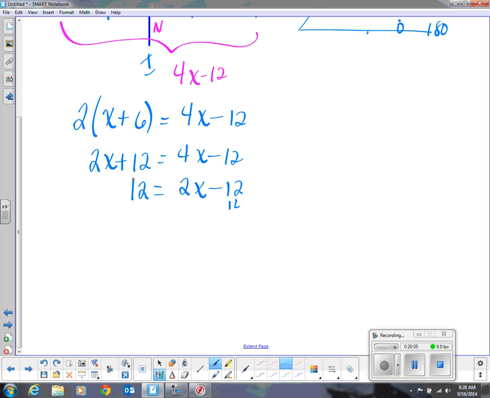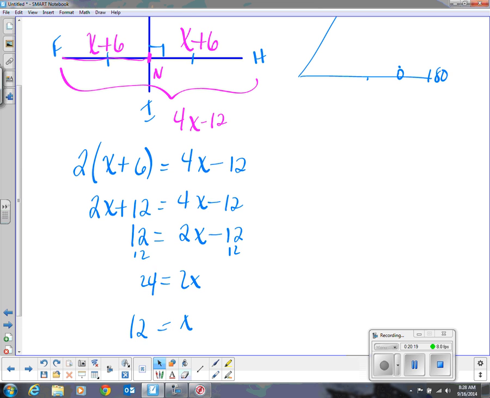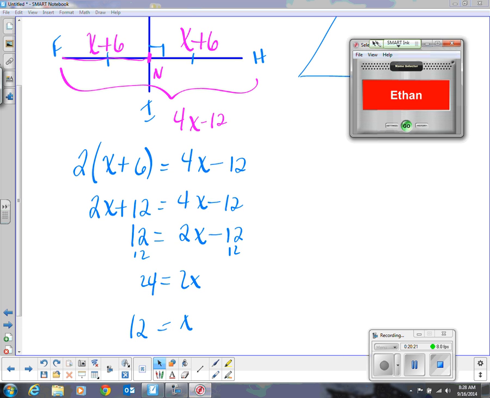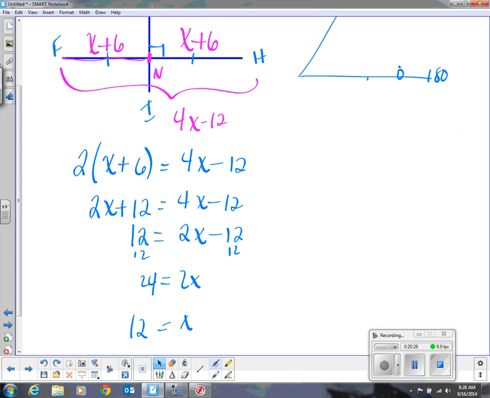Now if you add this 12, you're going to have 2x equals 24, or x equals 12. And what did I ask for? I asked for NH. So I need NH. So once I get 12, how am I going to find NH? Bryce? Plus 12 x. Correct. So 12 plus 6 is 18.